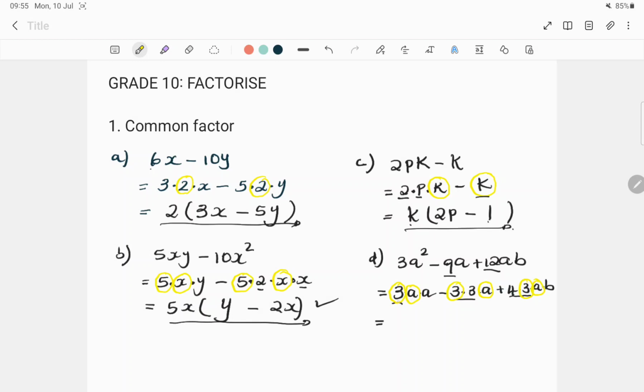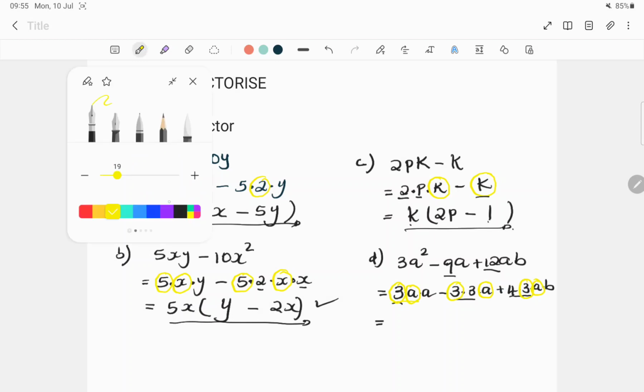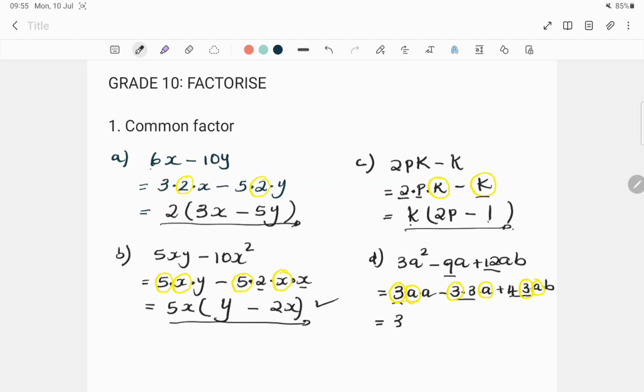So it means 3a is my common factor. Then you write 3a. Then you open a bracket, you close the bracket, and keep your signs, minus and a plus. Then you write the remainders. It's only a here, it's 3, it's 4b. Then you are done.